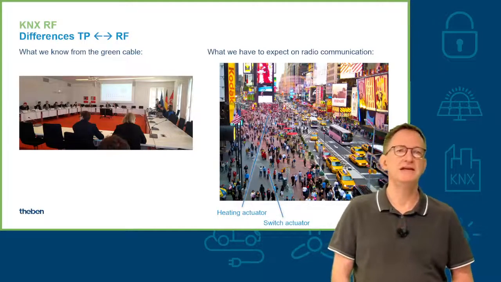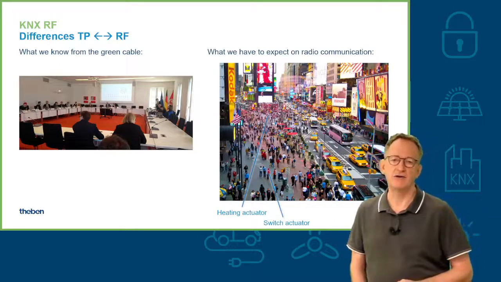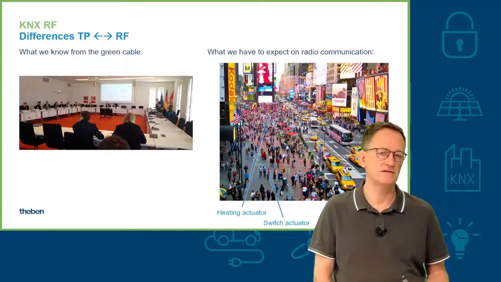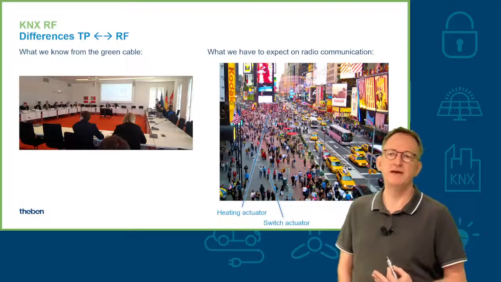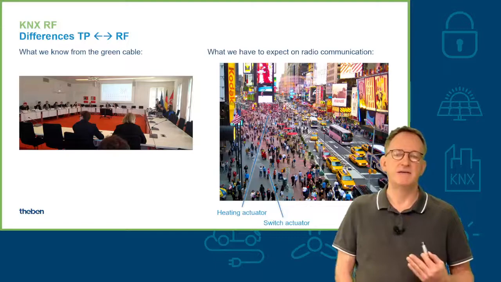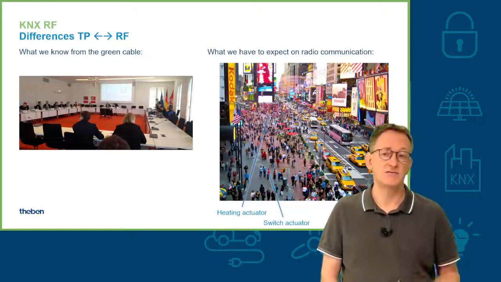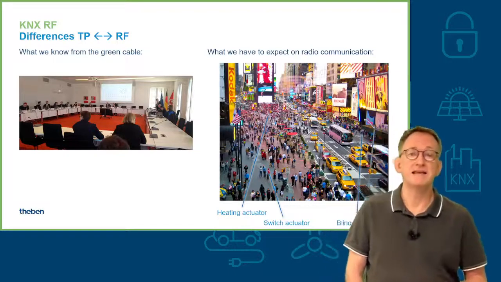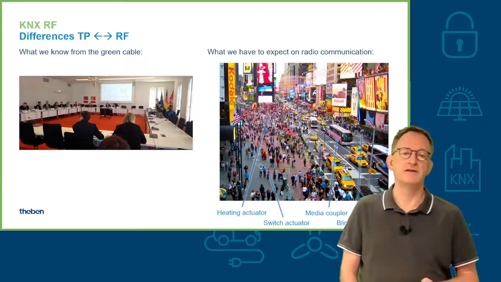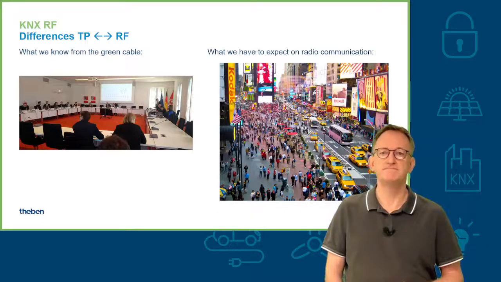That's really the challenge of RF communication. Here we have many more factors which have a negative impact on the quality, but also on the range, and on collisions and so on. That's really the problem we have with RF communication.